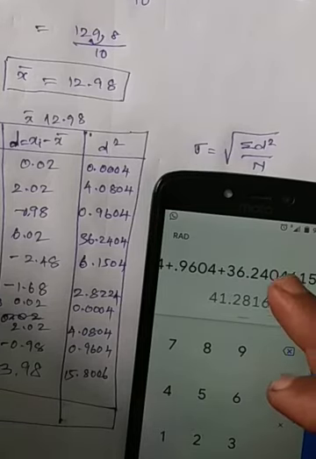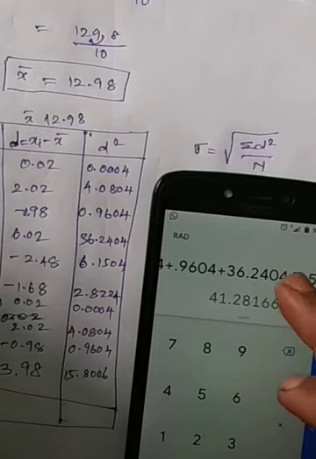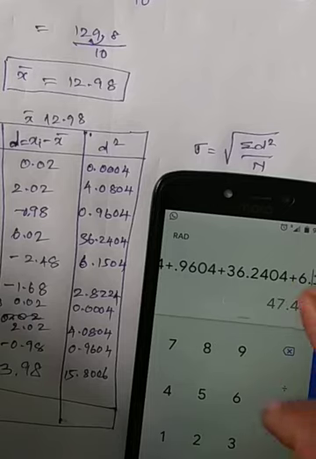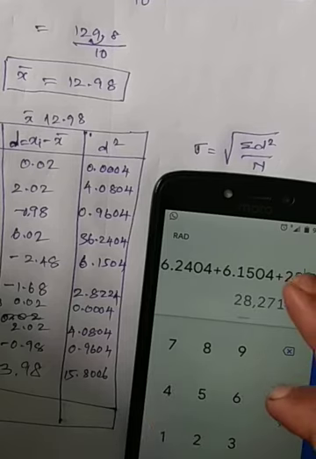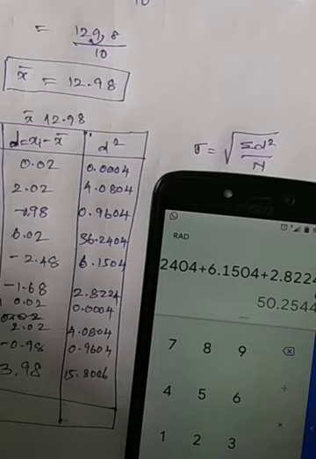I had missed it here. Next plus 2.8224. Then plus 0.0004.